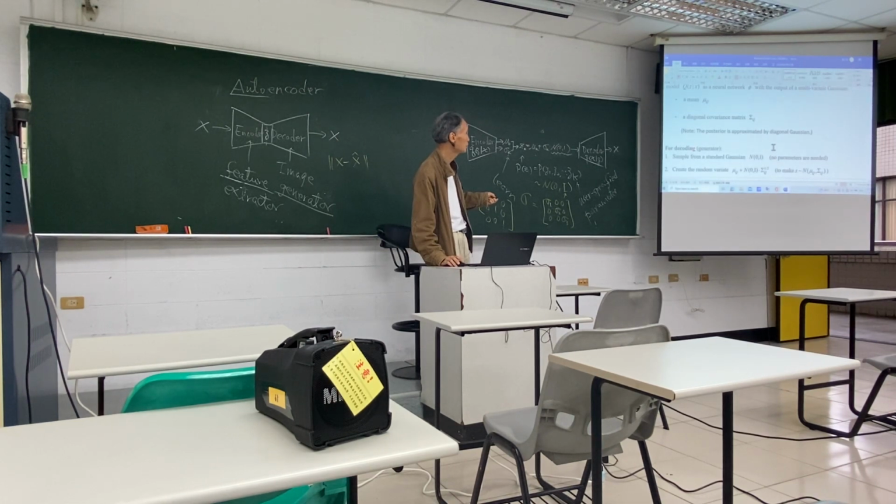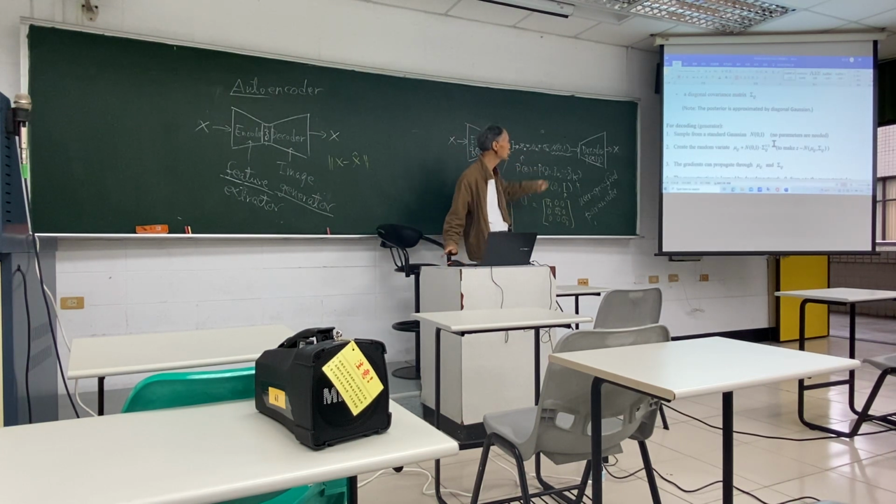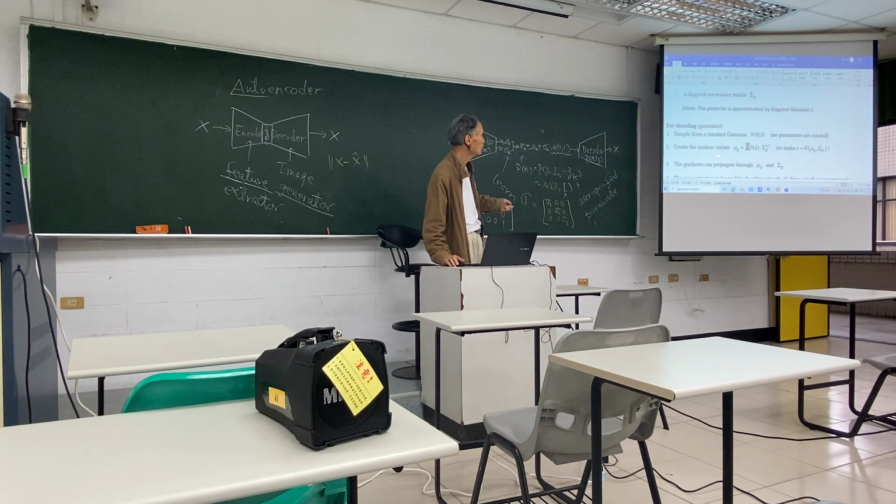Then for the decoder, we sample the latent variable from the standard Gaussian distribution, as I mentioned right here. Then we create a random variable. That's so-called random, because we use a random variable here, that will follow the standard deviation, so that the latent variable will follow a Gaussian distribution with the mean vector mu and the diagonal variance sigma.